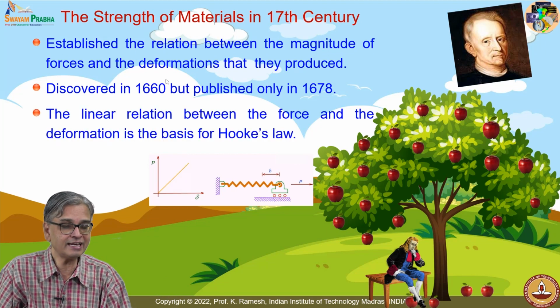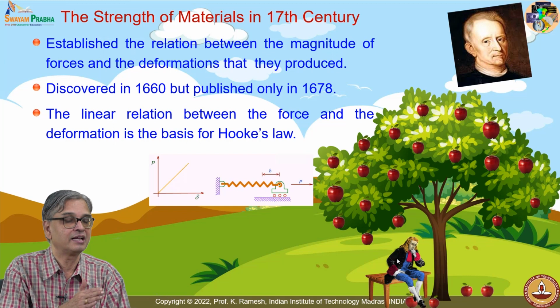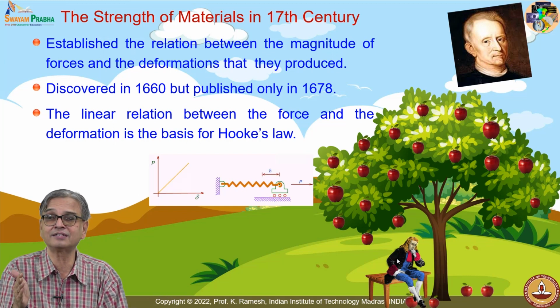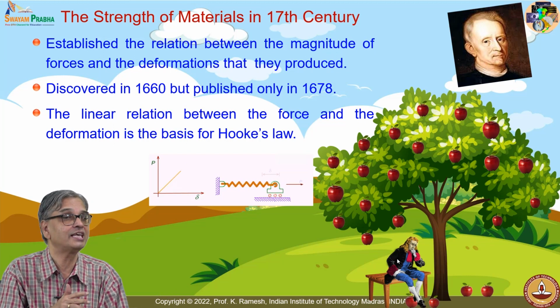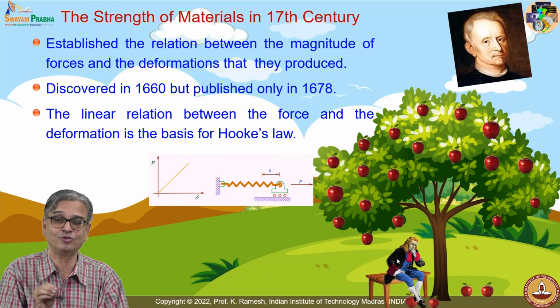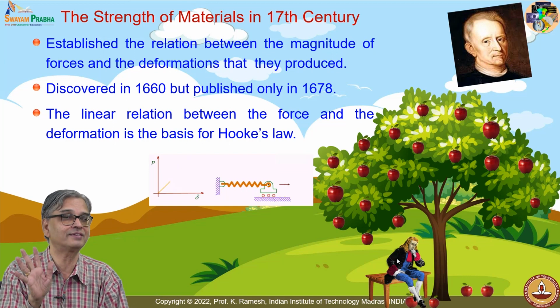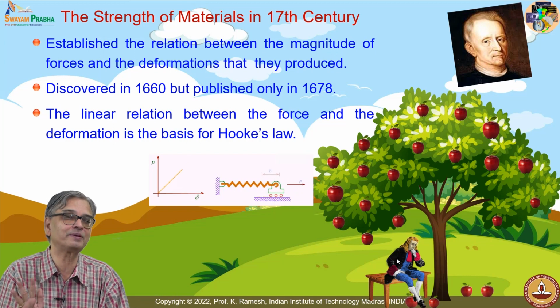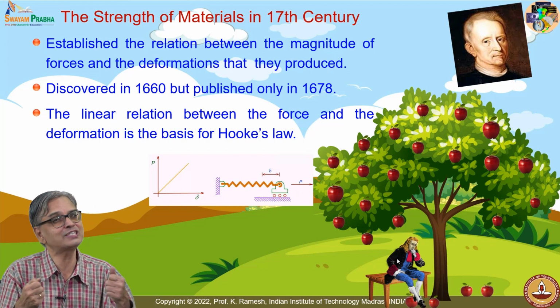And this linear relation formed the basis of Hooke's law. See, even though he determined this in 1660, he published it only in 1678. See, those days, though my slides are very poetical, nicely colorful, richly decorated, science development has not been poetical. There were fist fights.